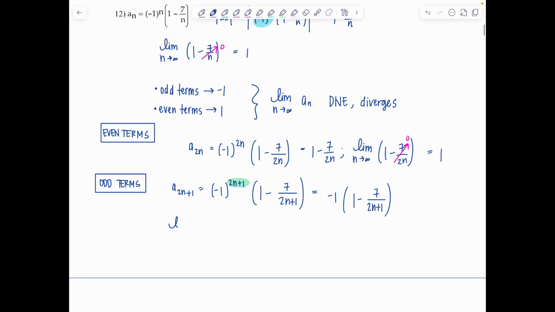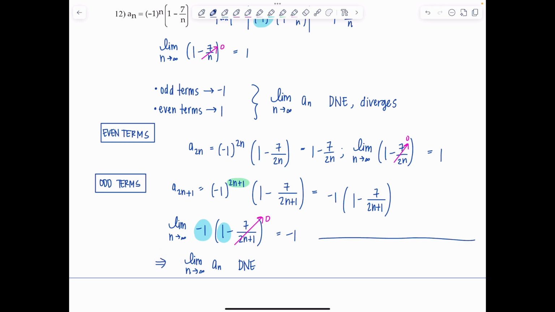Let me take the limit now as n approaches infinity of this negative 1 times 1 minus 7 over 2n plus 1. Again, this is going to approach 0, but now I have negative 1 times 1, so this limit is negative 1. So notice the even terms approach 1, the odd terms approach negative 1, which tells me that the limit as n approaches infinity of a sub n does not exist.